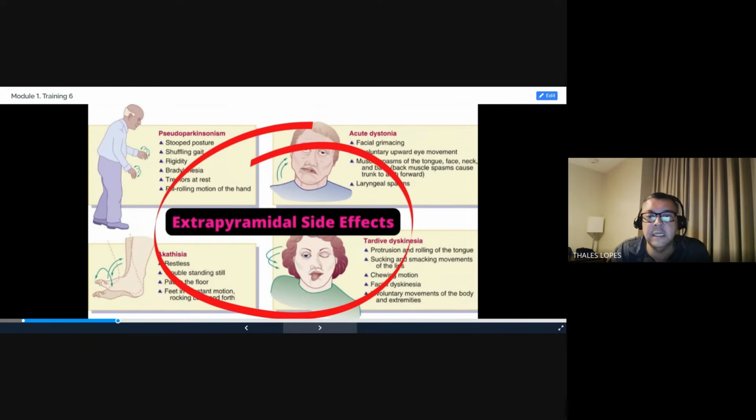Now, one who has developed dystonia early, or one who has developed akathisia early in the treatment, this is important, they are at risk of getting parkinsonism and TD later on.